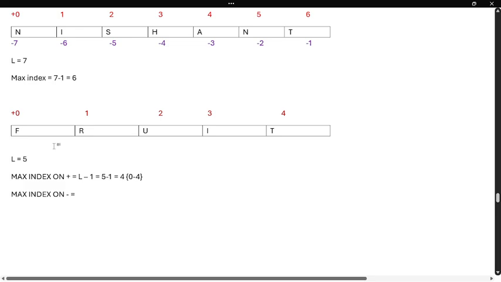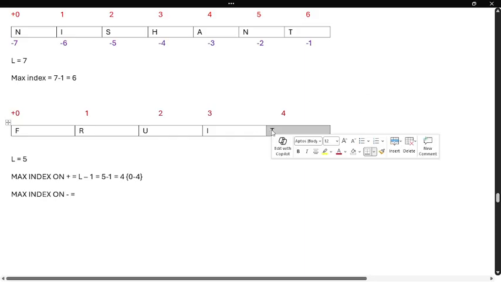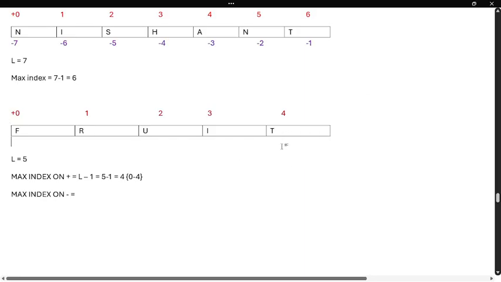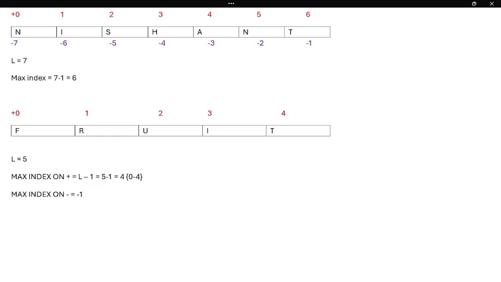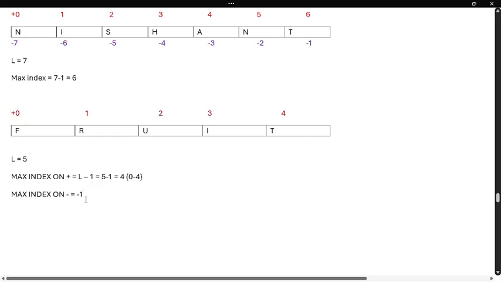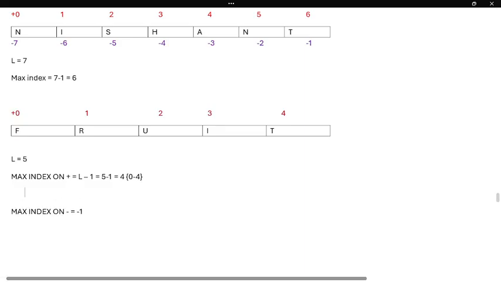Max index on negative means how you can access the last character in negative. The last character will always be -1. And what will the first character be in positive?